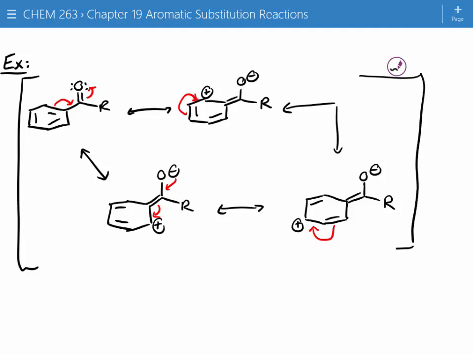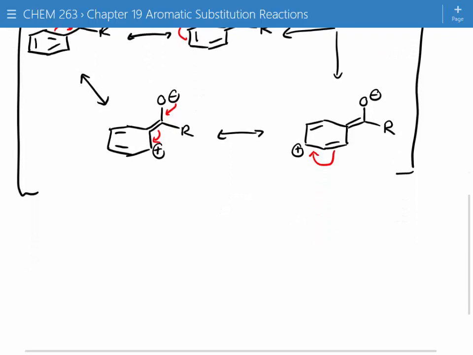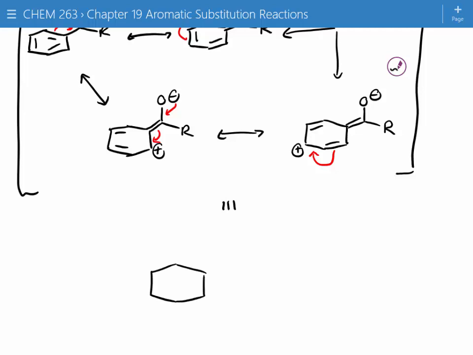In particular, I'm really interested in showing the hybrid structure for this. So instead of showing all four of these, let's just put our equivalent sign and redraw this using the hybrid form.